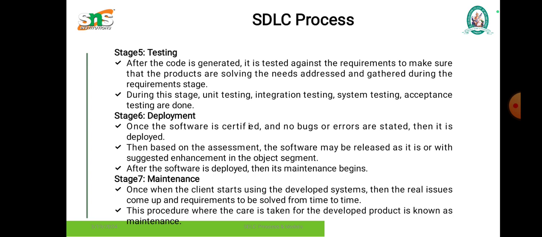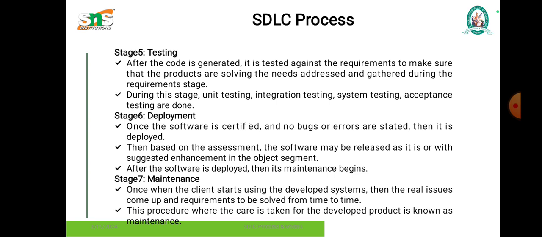The sixth stage is deployment. Once the software is certified and no bugs or errors are found, then it is deployed. Based on the assessment, the software may be released as it is or with suggested enhancements in the next segment. After the software is deployed, maintenance begins. The seventh stage is maintenance.